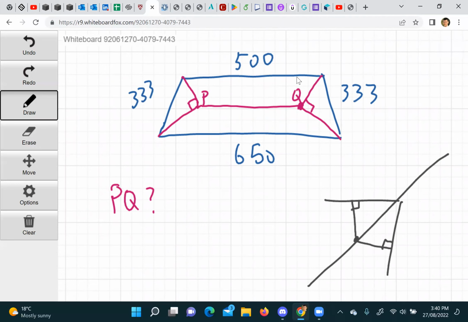It's halfway in between, right? So if you get this point Q, it's equidistant from those two lines, but it's also equidistant from these two lines. Therefore it's equidistant from the top two horizontal lines.